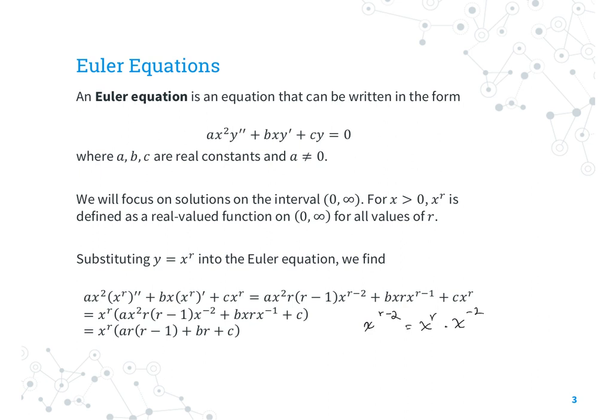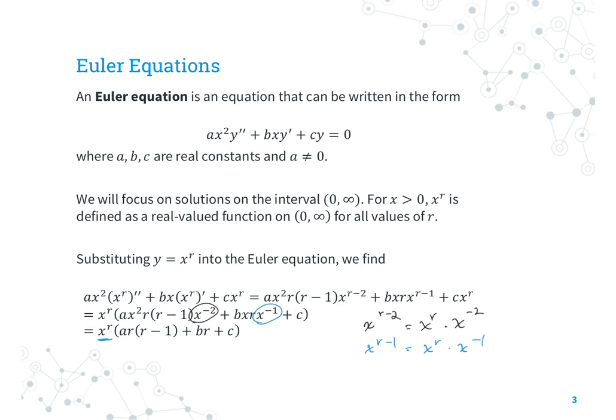Same thing for x to the r minus 1, that's the same as x to the r times x to the minus 1. Both of those come up within our simplified version of the equation. Once we start combining exponents of the x's inside the parentheses, after we factor out this x to the r, we're left with a r times r minus 1 plus b r plus c.